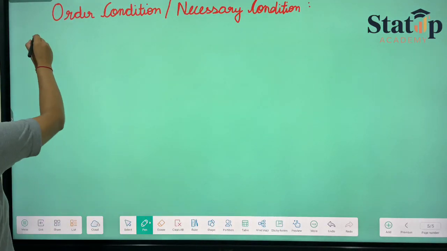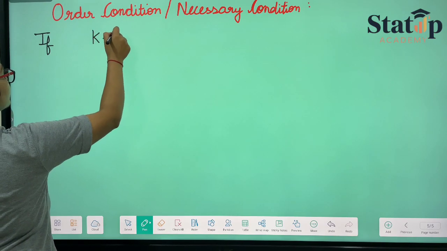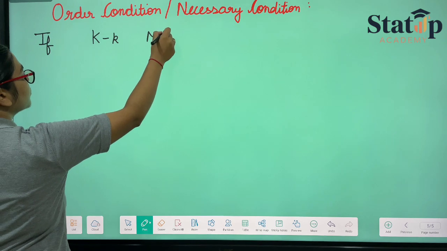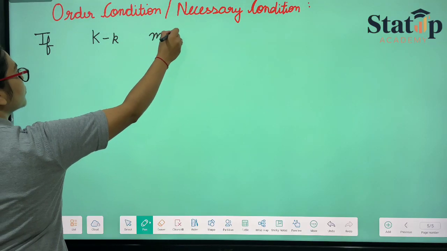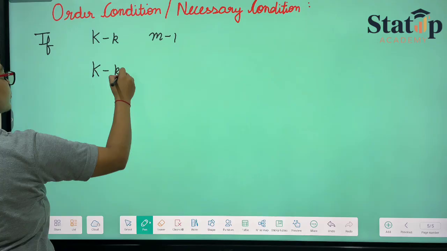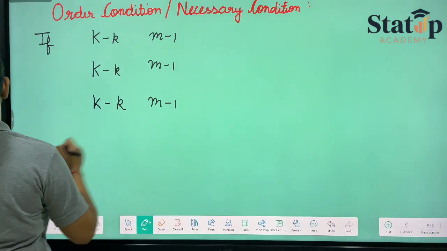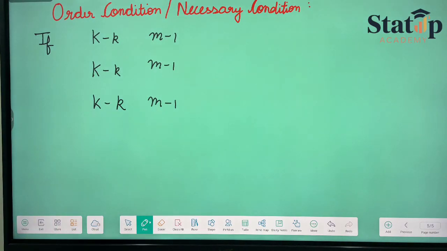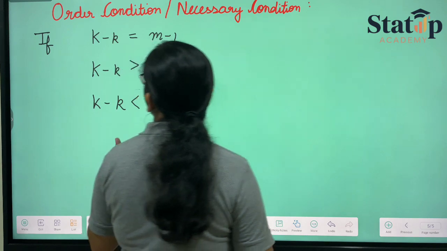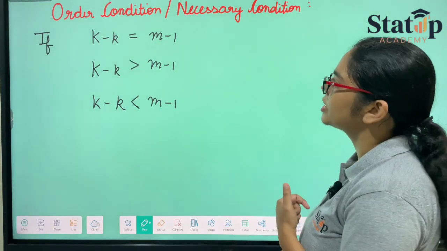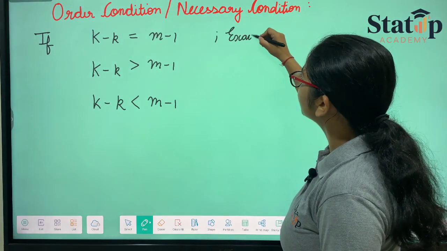So what does order condition say? If the number of excluded exogenous variables is equal to the number of included endogenous variables minus one, then we can say our model is exactly identified.